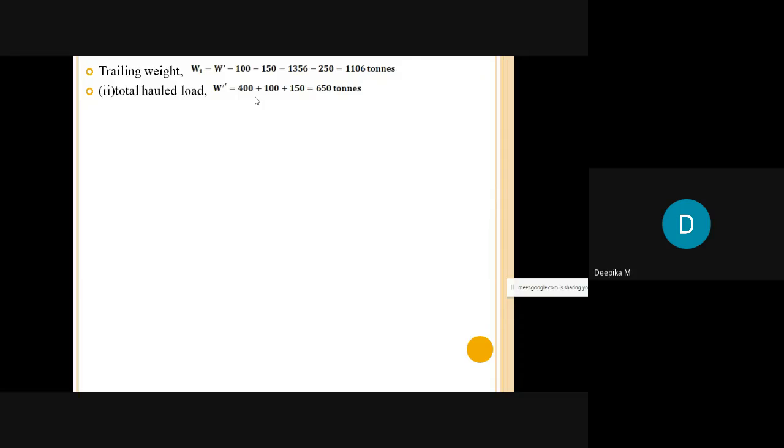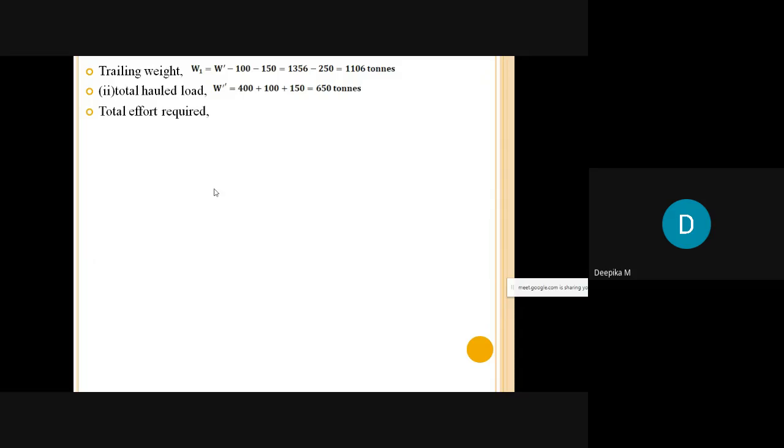Please remember that trailing weight is different, and the haul load is different. The trailing weight is nothing but this one, that is 1106 ton. The total haul load is the overall system, that is weight of locomotive plus weight of the train, which is 650 tons.